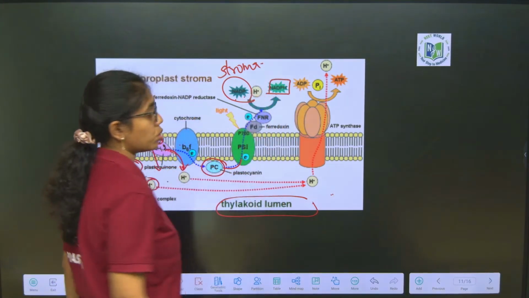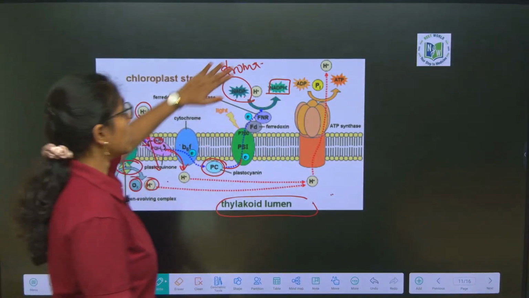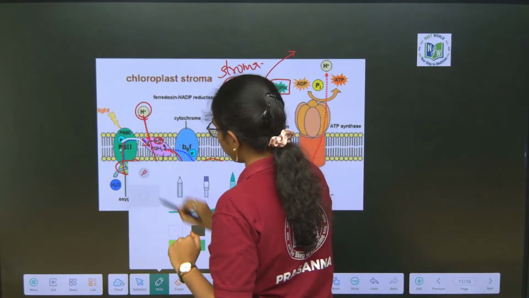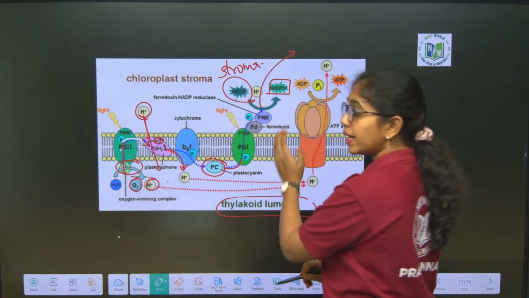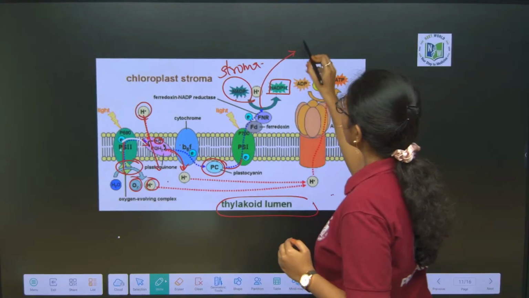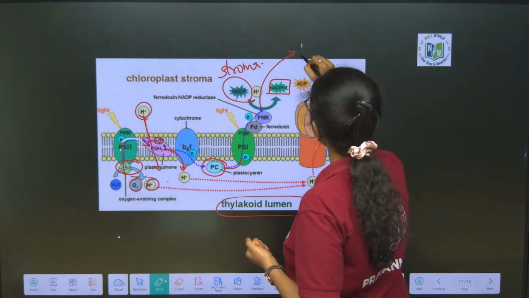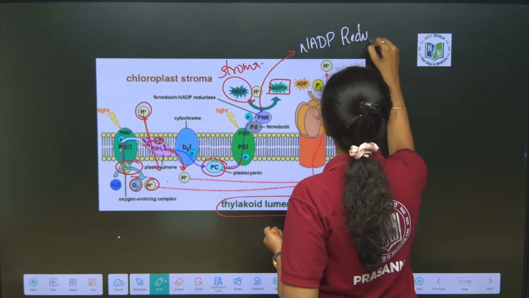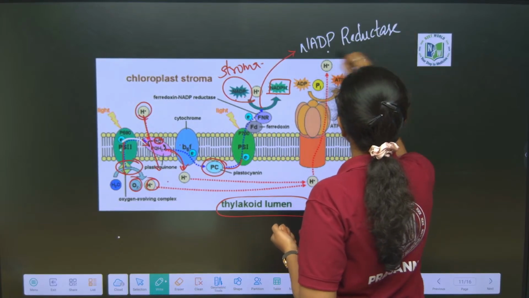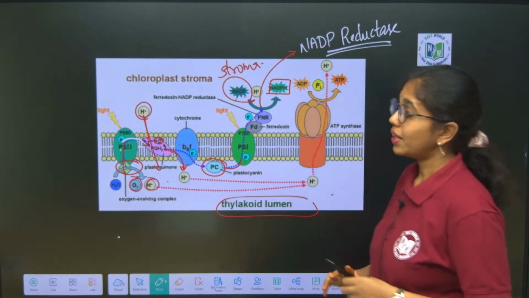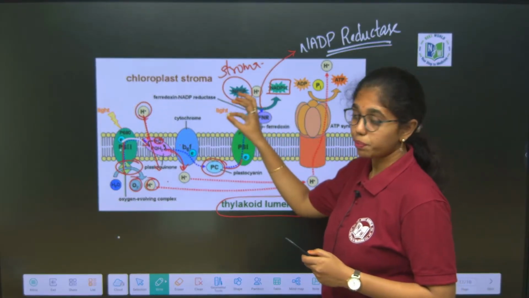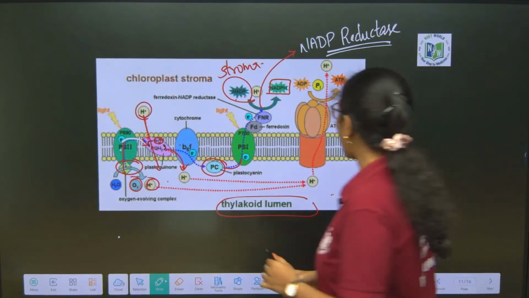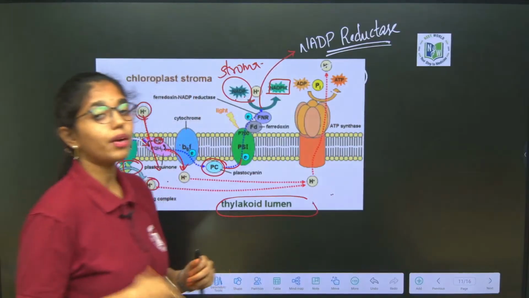And the enzyme involved in this reduction of NADP+ to NADPH plus H+ is what? NADP reductase. NADP reductase is the enzyme reducing NADP+ to NADPH plus H+.